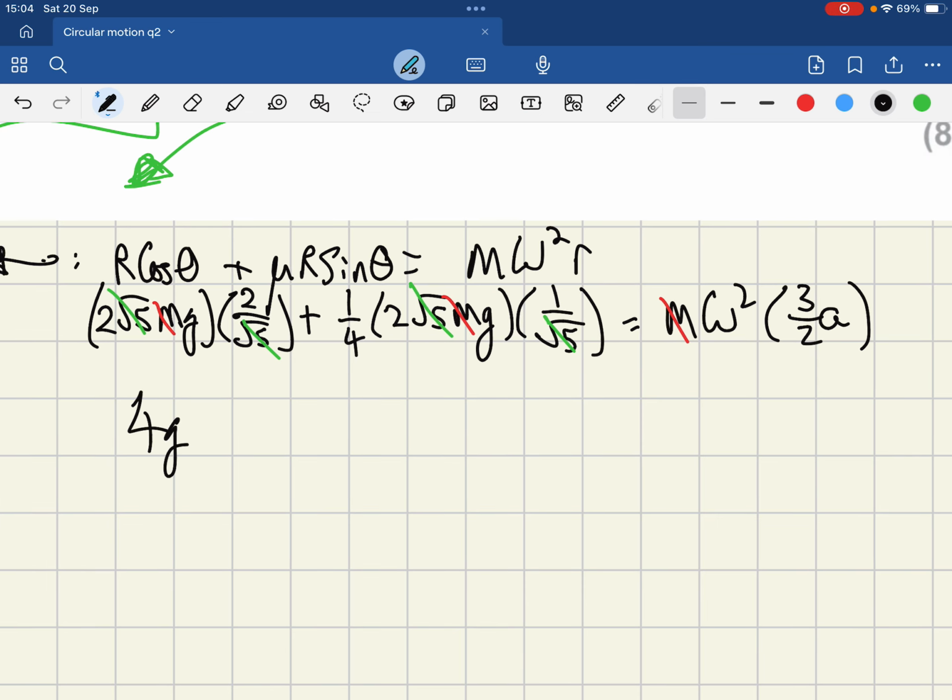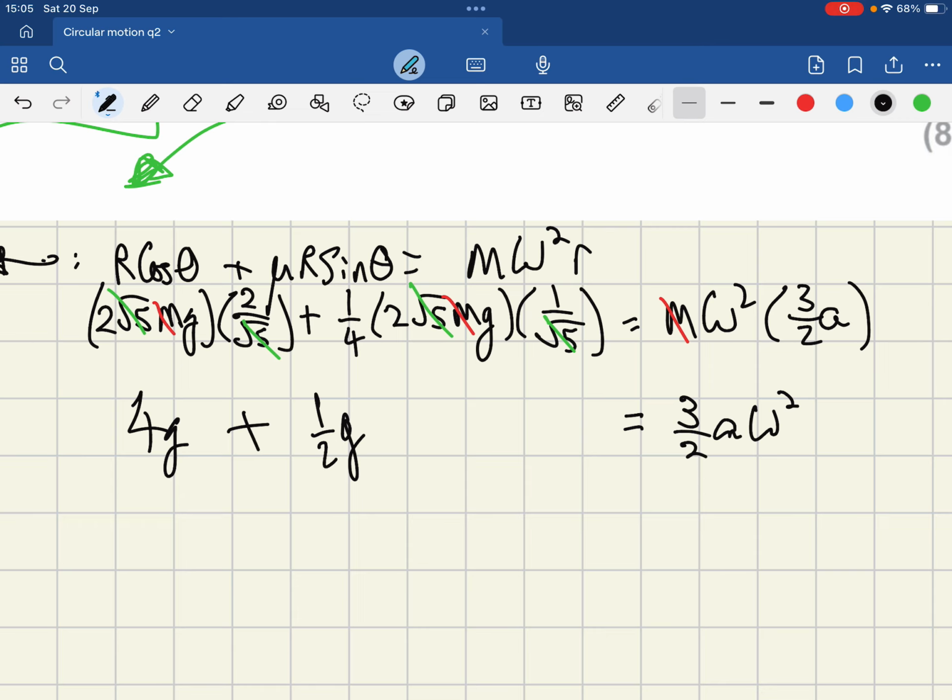So here we're going to have 4g left over. In our next term, we've got 1/4 times 2 times g times 1 that's left. So this should be plus 1/2 g. And then over on the right-hand side, we have 3 over 2a times omega squared.